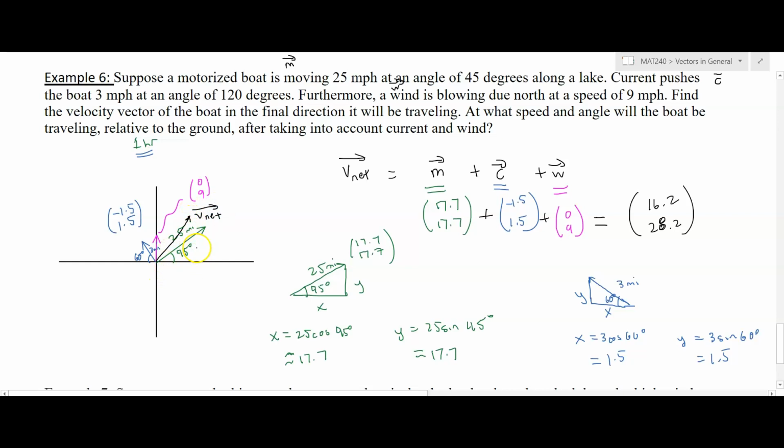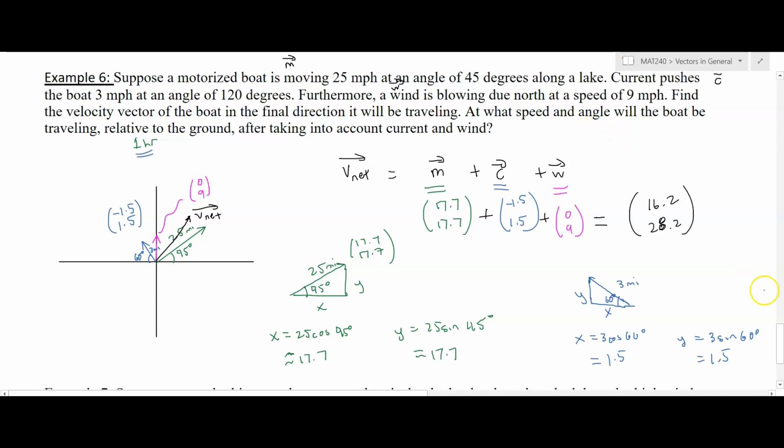That makes sense because the boat wants to go along the green vector, but you have the blue vector pushing it out towards the northwest, as well as this wind vector also pushing it somewhat up north. In effect, the boat is still predominantly going along the green vector, because the blue and the magenta vector are so small relative to it that they don't displace it that much, but it does displace it a little bit.